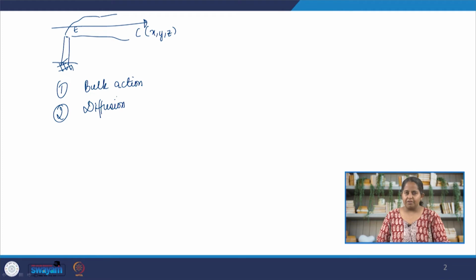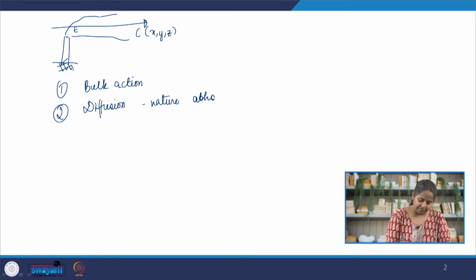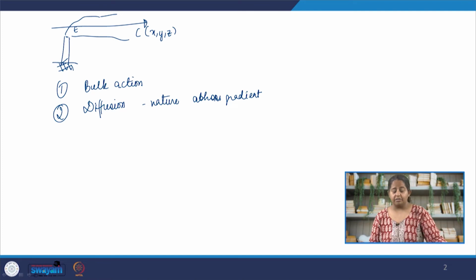In fact, one of my favorite phrases in this field comes from the diffusion concept, which is nature abhors gradient. I do not think nature has emotions like abhorring, but it does tell me that the net movement because of diffusion will always happen from higher concentration to lower concentration.